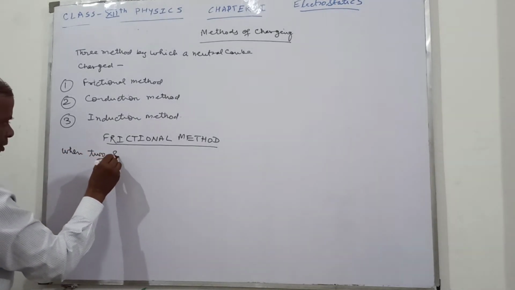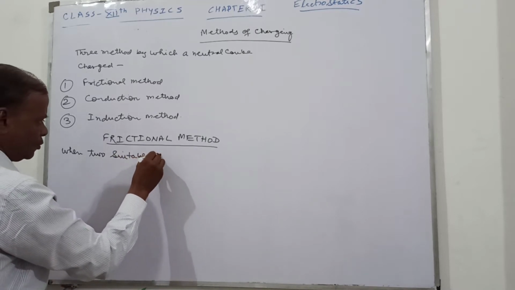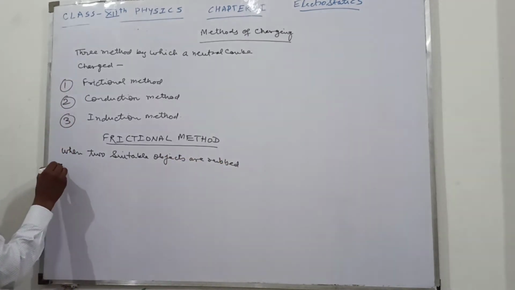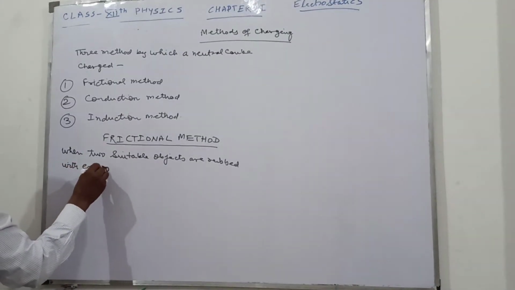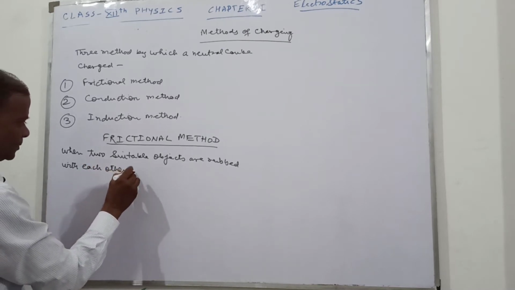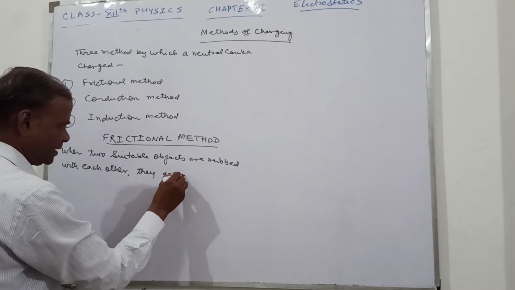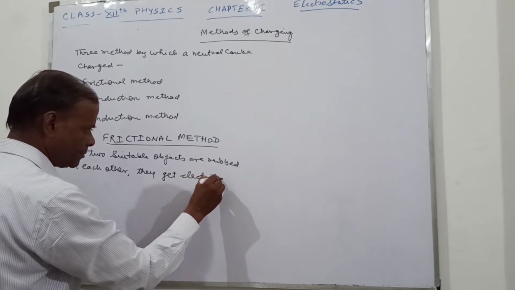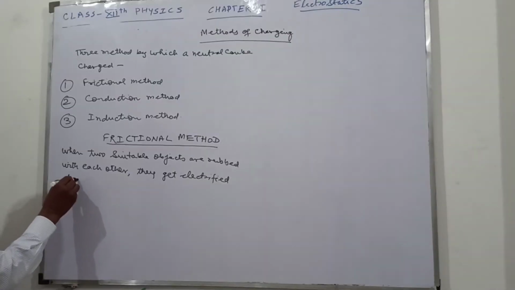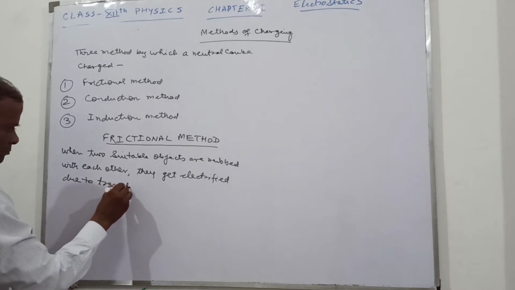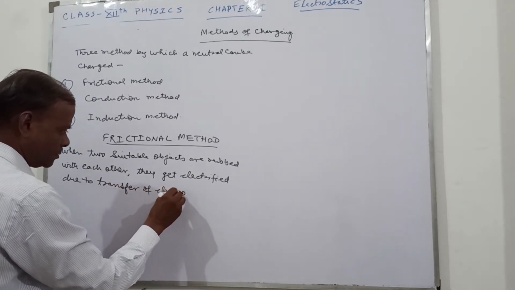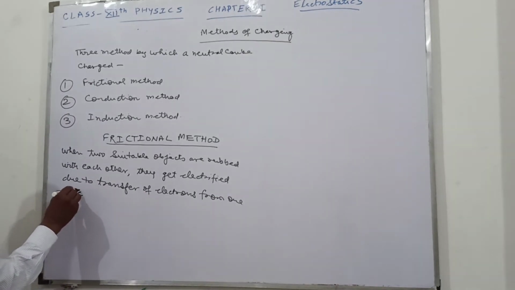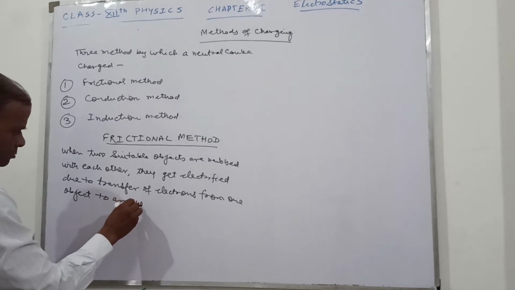When two suitable objects are rubbed with each other, they get electrified due to transfer of electrons from one object to another object.